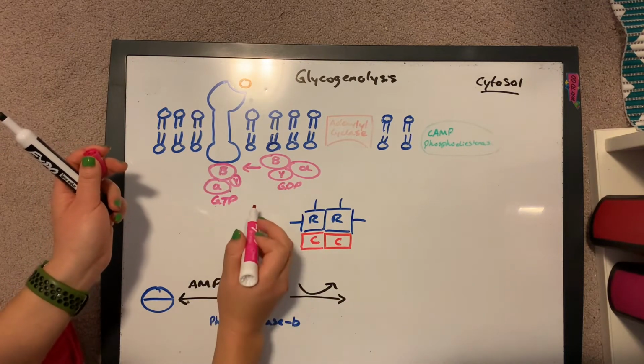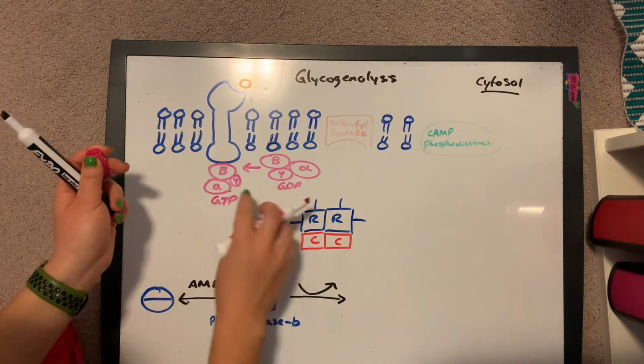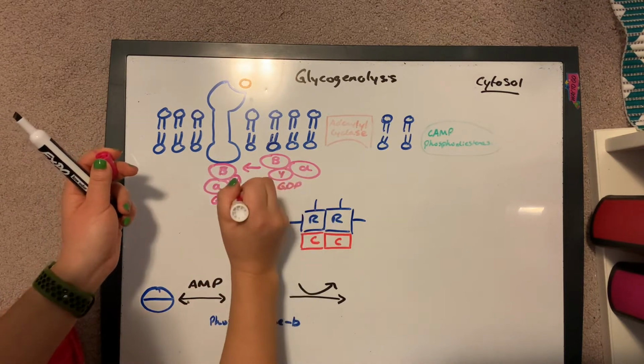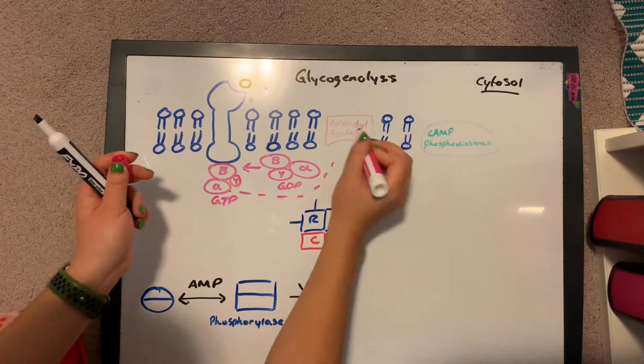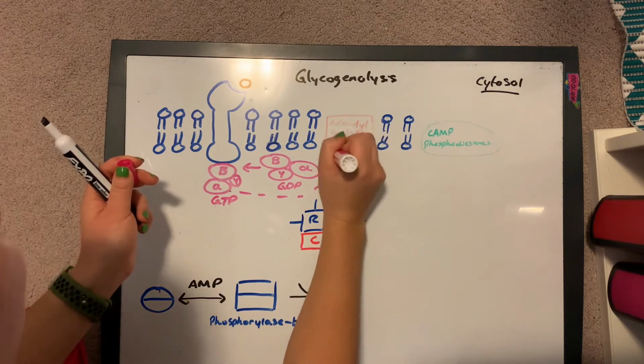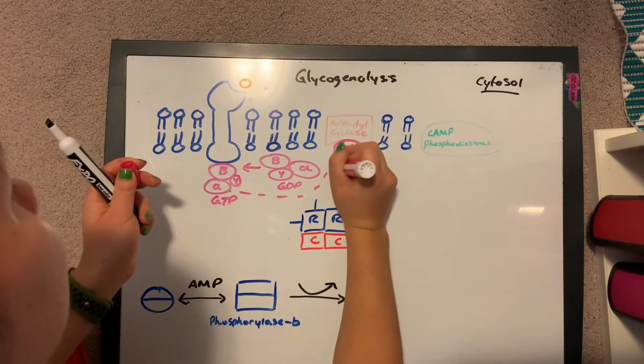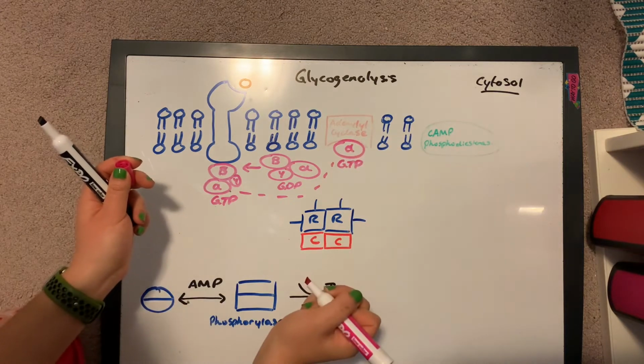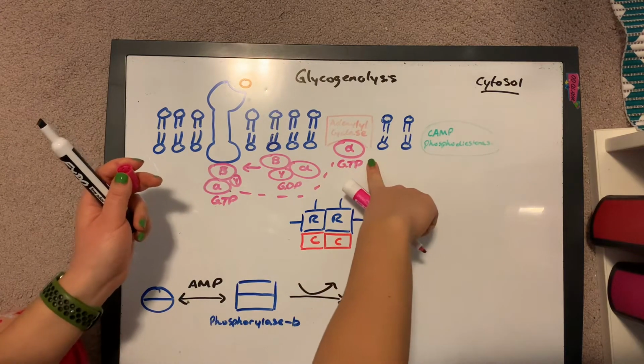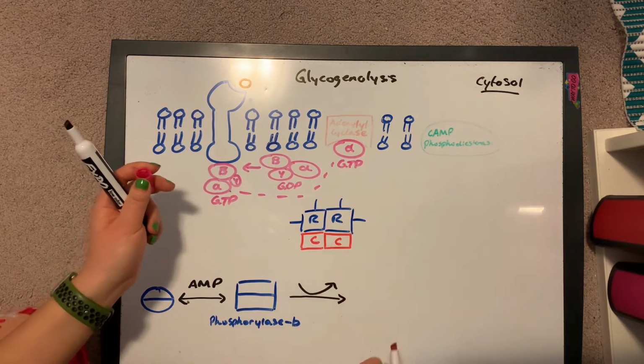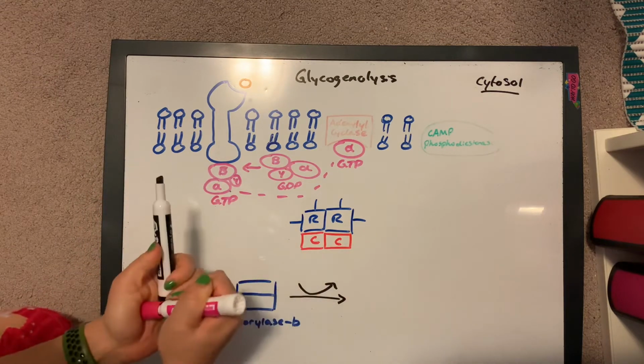When this happens, our alpha subunit is now going to leave the other 2 subunits and travel over to adenylyl cyclase. So our alpha is going to bind, and it has a GTP. Our adenylyl cyclase is going to produce cyclic AMP, or I like to say cAMP.